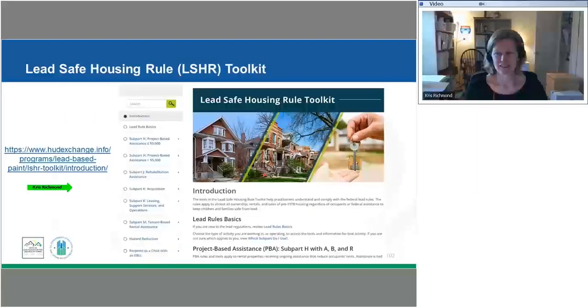The question was, you showed me the picture of the disclosure, but where do I actually find the form? Barrett sent out a link in the chat, but that was for the EPA site. I'm going to guess that in the toolkit, the materials that need to be provided as part of disclosure are probably available in the toolkit also? Yeah, they are.